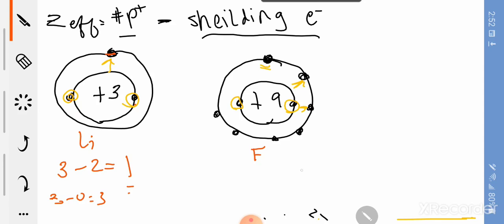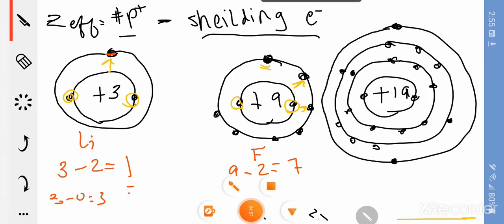On this fluorine atom over here, we have 9 protons and the same number of shielding electrons, and that's because we're on the same row of the periodic table. If you go to row 2, lithium is on one side and fluorine's on the other side. And what we see is because fluorine has 6 more protons than lithium does, these outer electrons are able to feel more attraction because we increase the charge. The distance is the same, but the charge has gone up. And so these outer electrons feel more attraction to that nucleus.